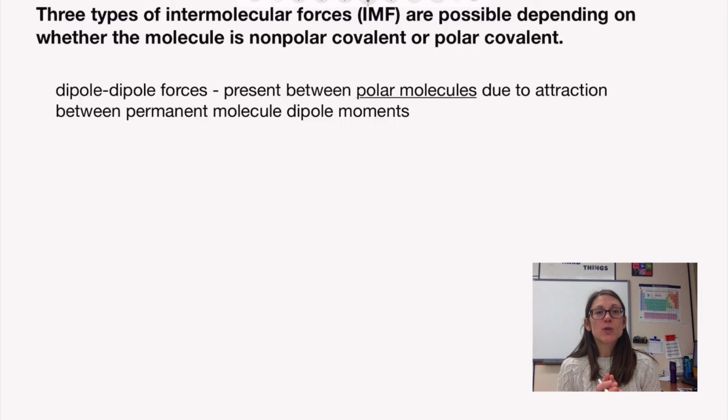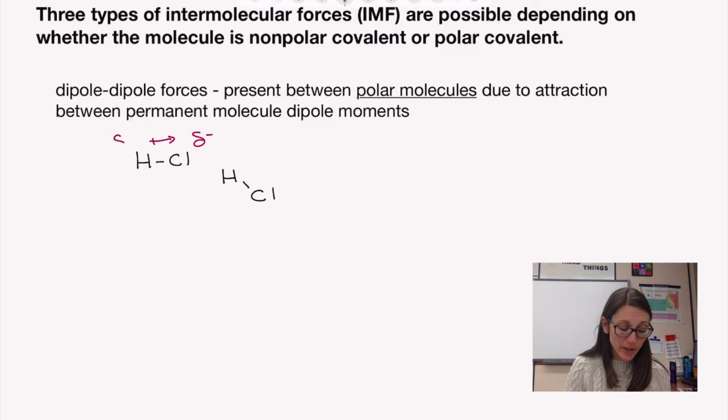While dispersion forces were found in all molecules, our second type of intermolecular force is only found in polar molecules. Dipole-dipole forces are the attraction between the permanent dipole on one polar molecule with the permanent dipole on a neighboring polar molecule. So for example, if we have HCl, the chlorine is more electronegative than the hydrogen.